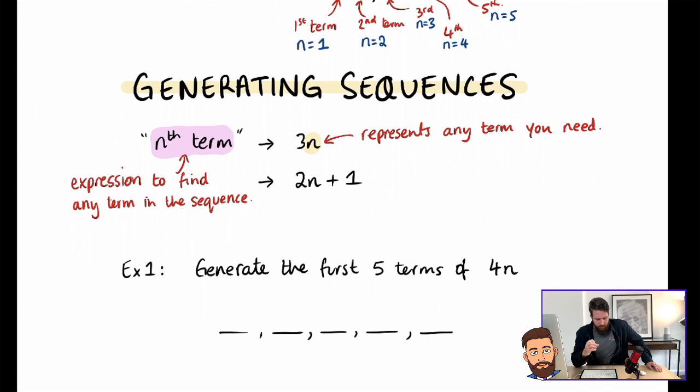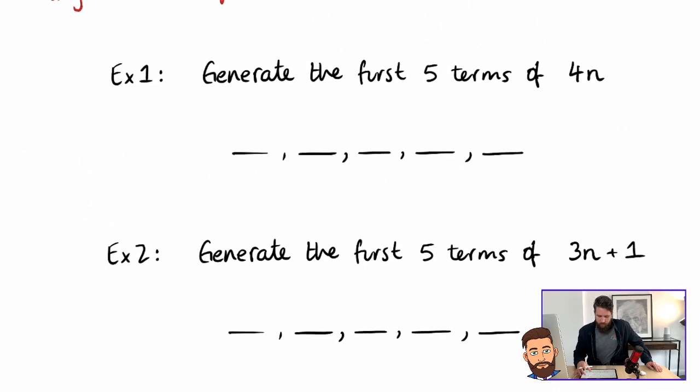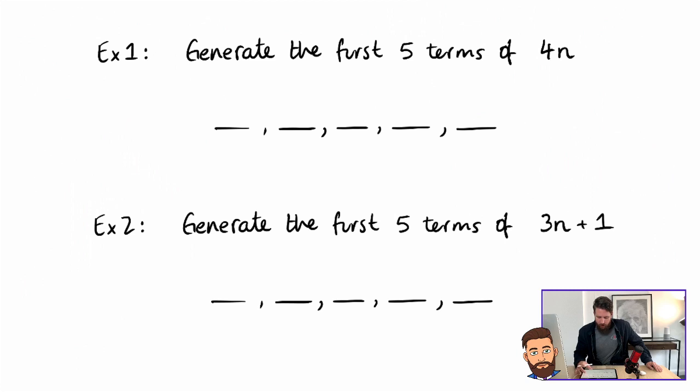Okay, and this will hopefully become clear to you once you start seeing it being used. So example 1 says, generate the first 5 terms of 4n. So 4n, that is our nth term. That's the nth term that they've given us.